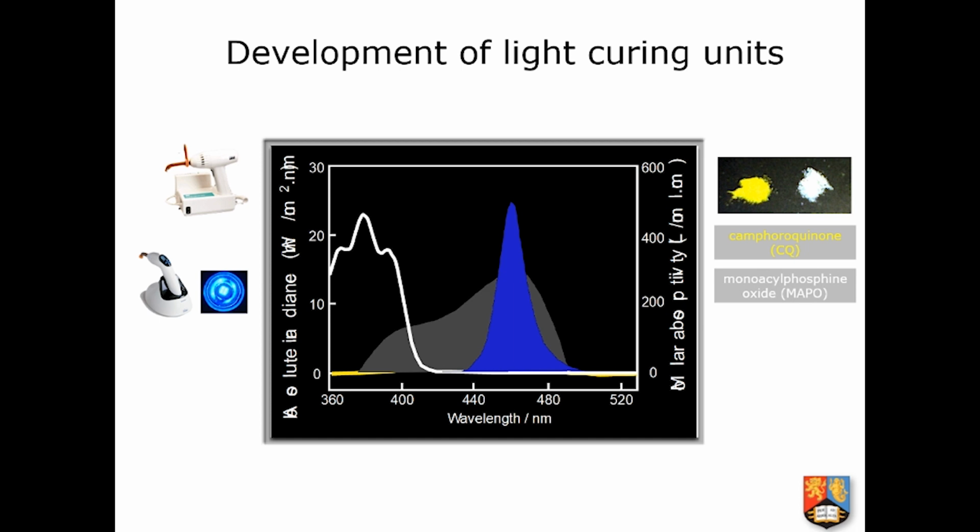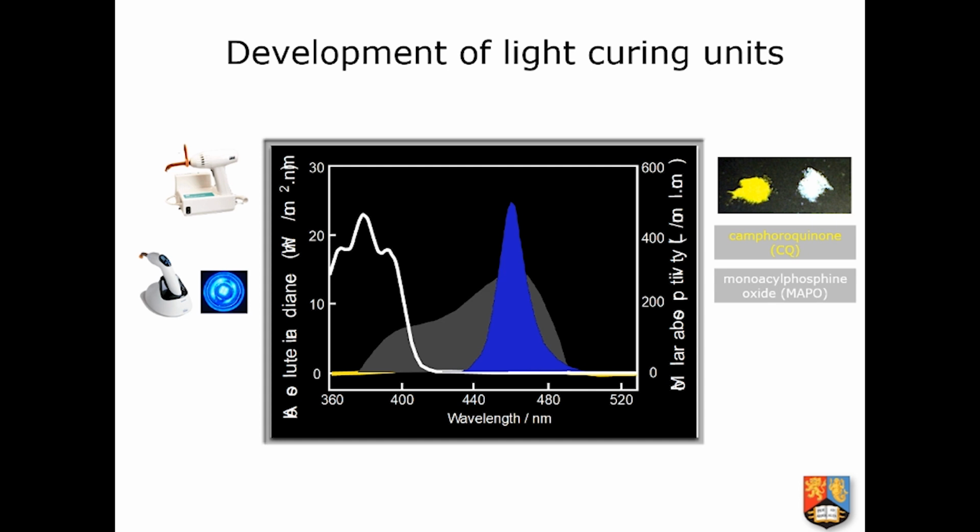The disadvantage with camphorquinone, especially for those of you that are into high aesthetic restorative dentistry, is that not always does the yellow pigment disappear in the material. So you're left with a slight yellow hue, which is okay in most circumstances.